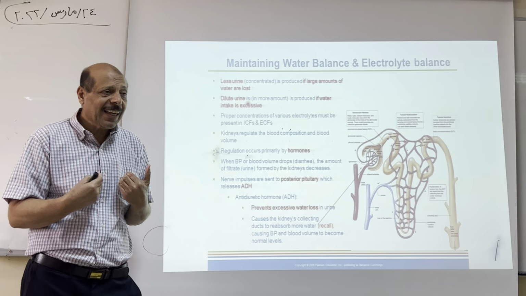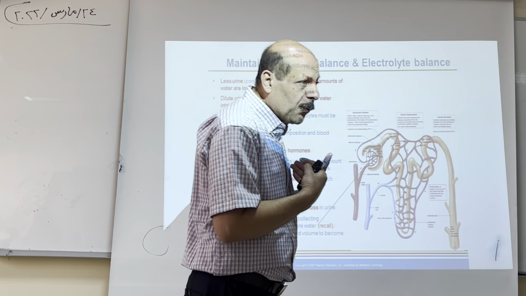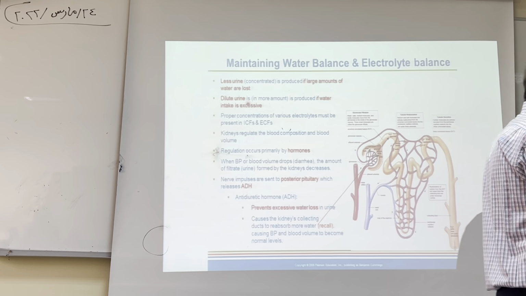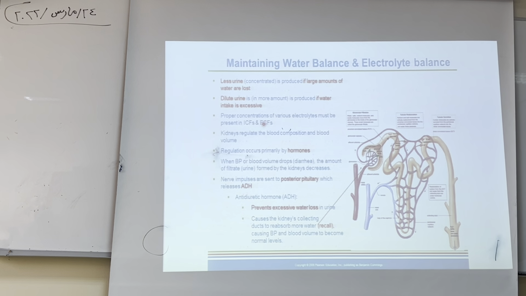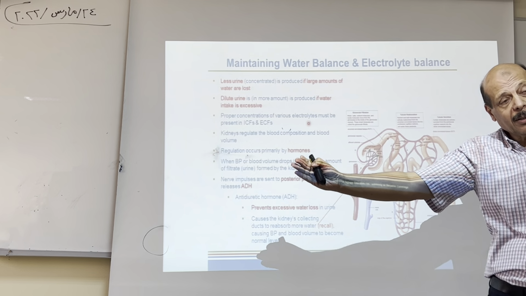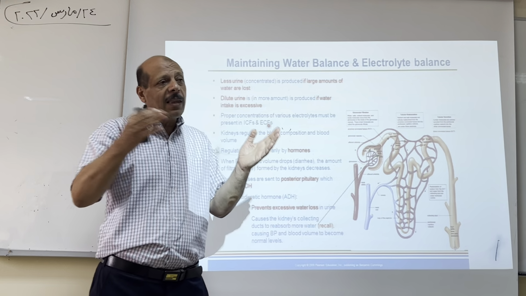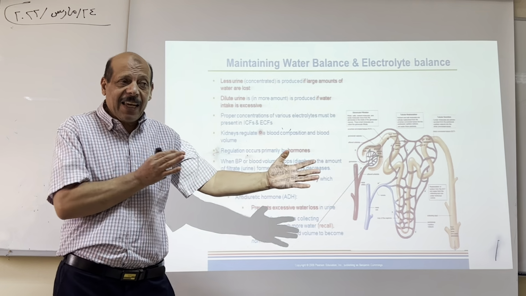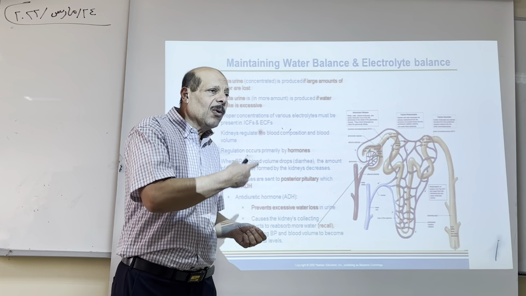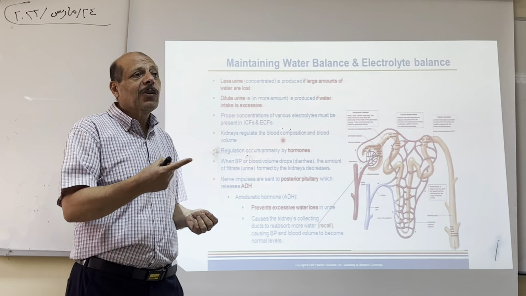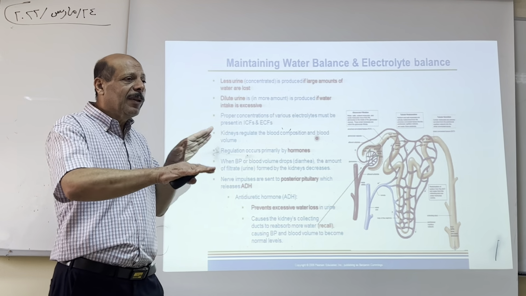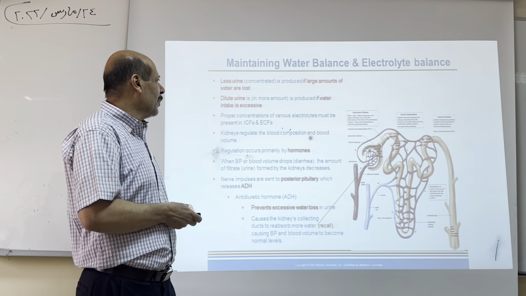If we are not taking enough fluid, or if we are taking the same amount of fluid but the weather is hot and we are losing fluid through other means, in this case also the kidney will concentrate the urine more in order to maintain the balance within our body.